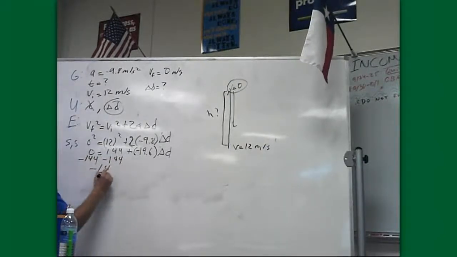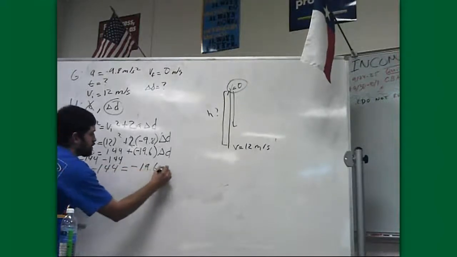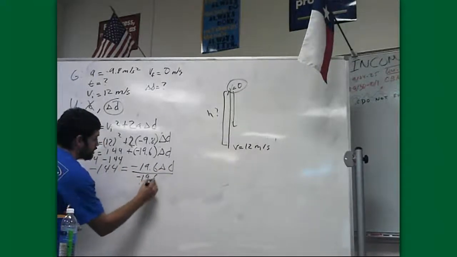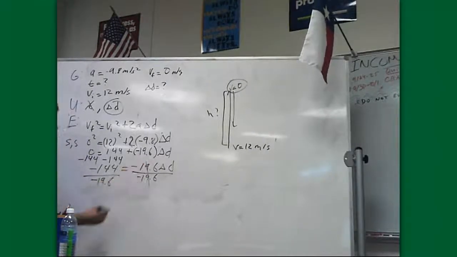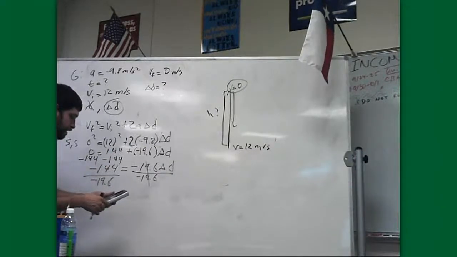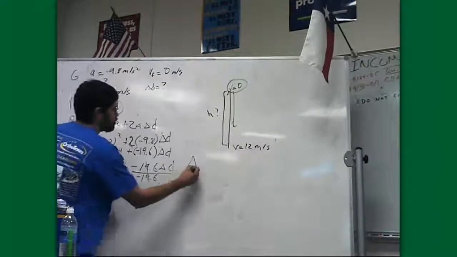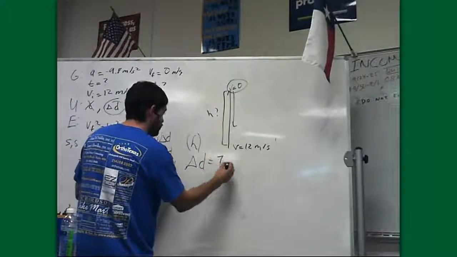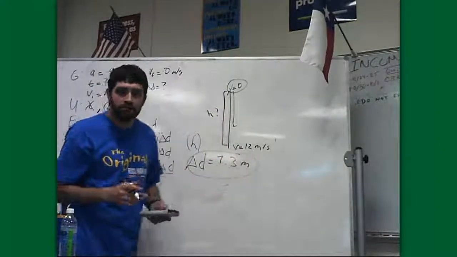So negative 144 equals negative 19.6 delta D. Divide now by negative 19.6. That goes away. Delta D is what's left. And we do 144 divided by 19.6. I can do that because my negatives go away. They become positive. And I end up with a delta D, a height, of 7.3 meters. It rises to a height of 7.3 meters.